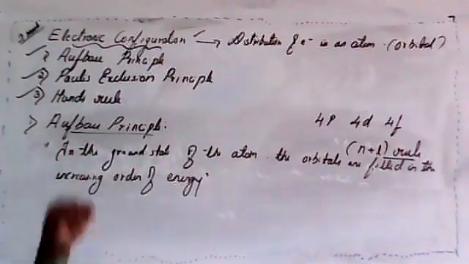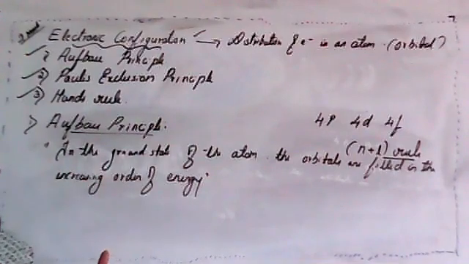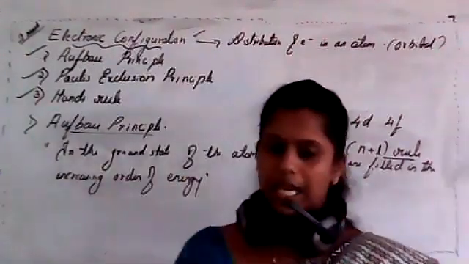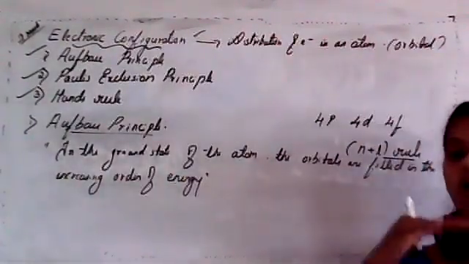That means the electron must first occupy the lower energy level or lower energy orbital.